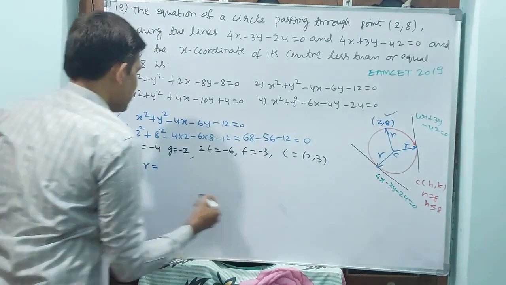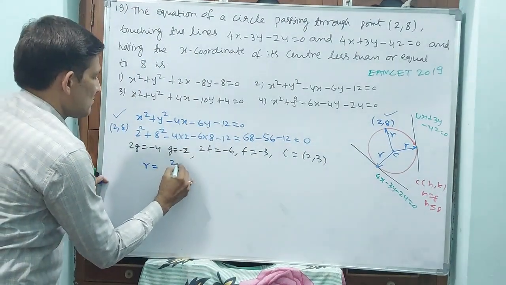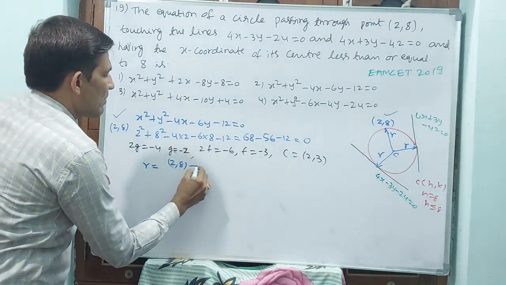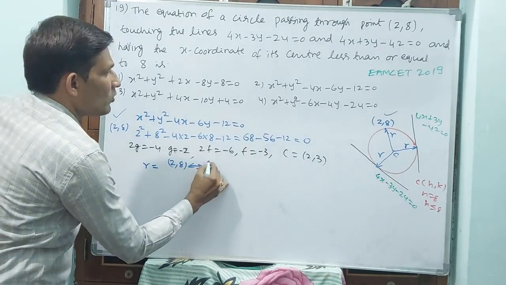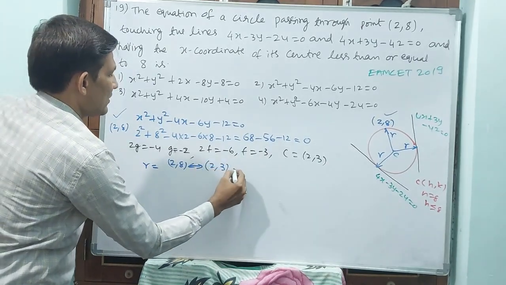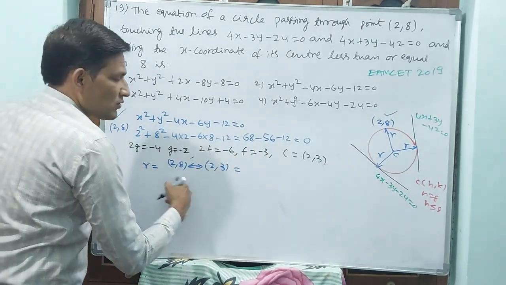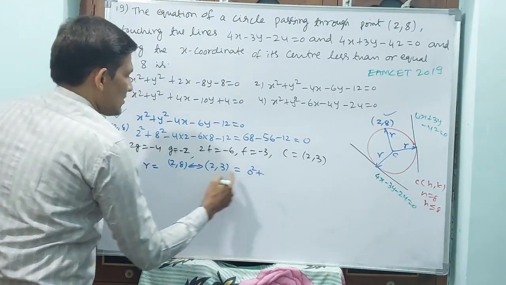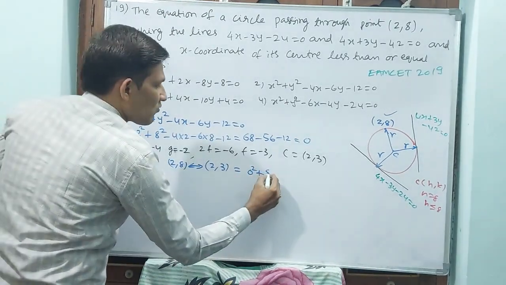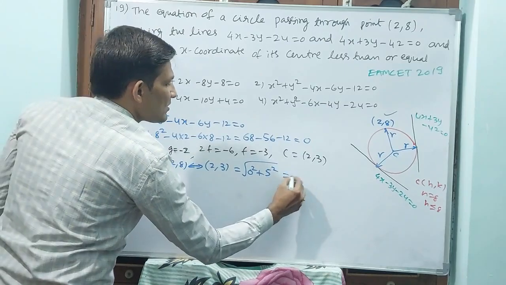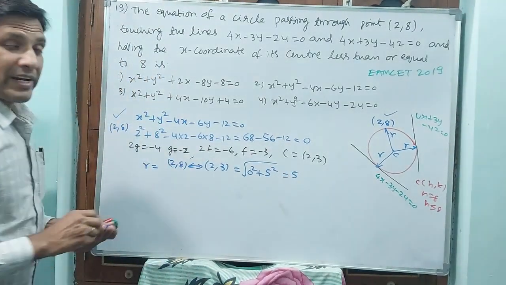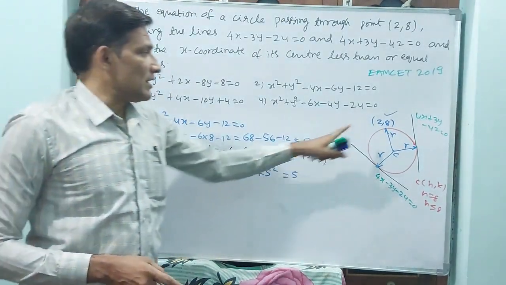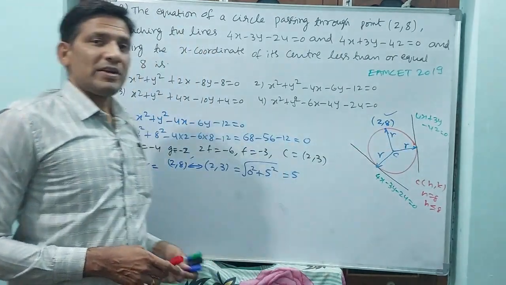From (2, 8) to (2, 3): 2 minus 2, 0 square, 8 minus 3, 5 square, under root, that is equal to 5. Radius is 5 as per one point, but you have to find this also.